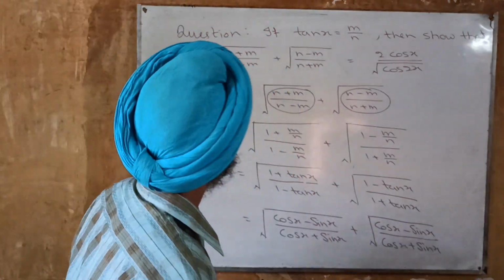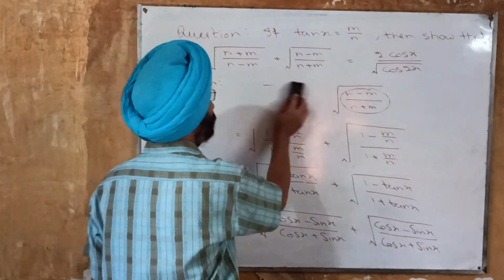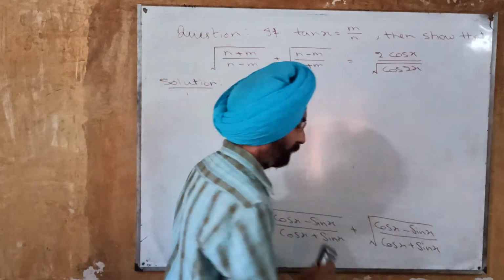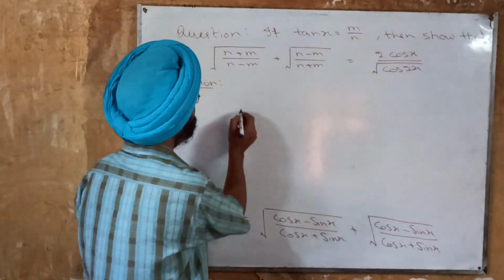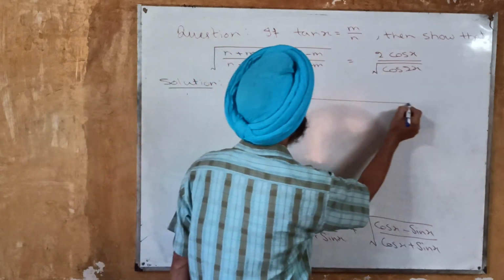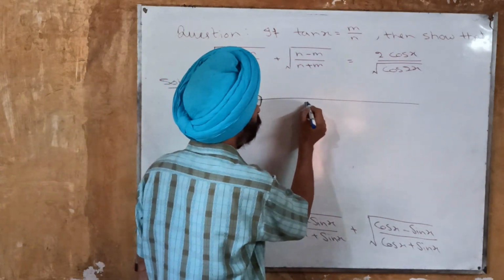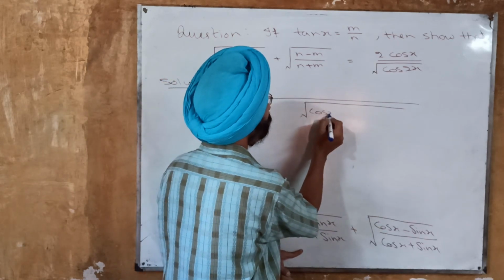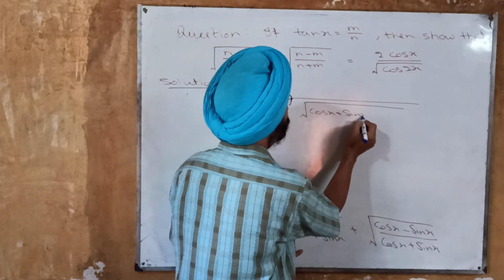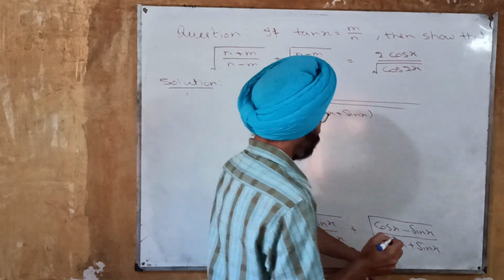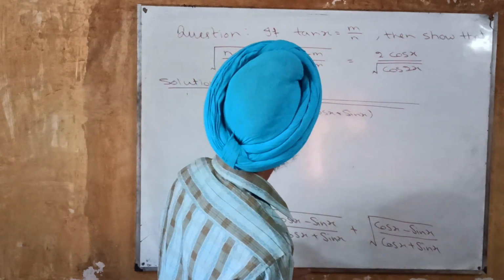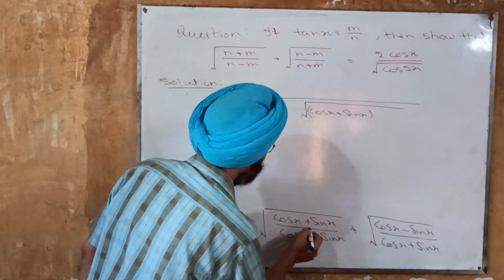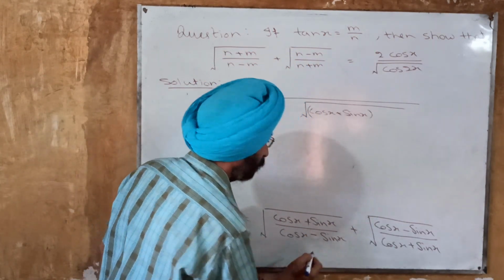Now take out LCM of these two terms, and the LCM will be square root of this is cos x plus sin x, and it is plus at one place and minus in the denominator. I'm sorry for that.